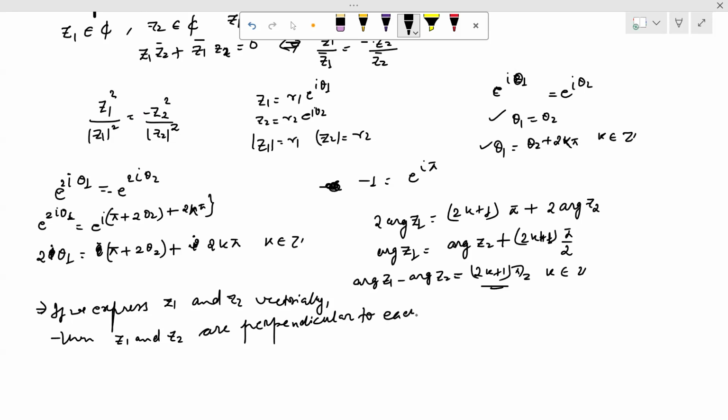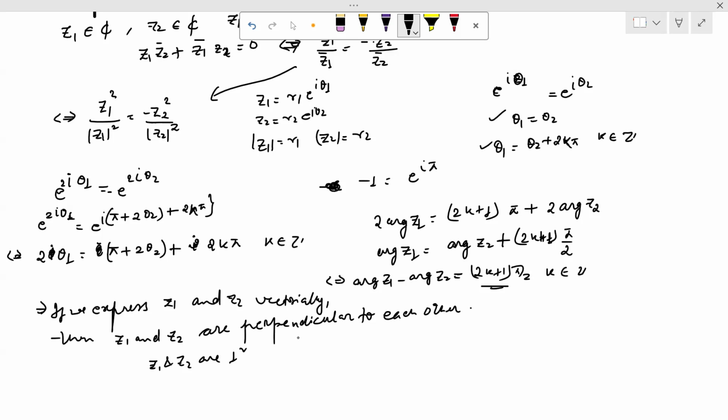This is something that you should remember. So what does it imply? It implies that whenever z1 and z2 are perpendicular to each other, and remember all these conditions are if and only if conditions, because if this is true, then this is true, and if this is true, then this is true. So all these conditions are if and only if conditions.